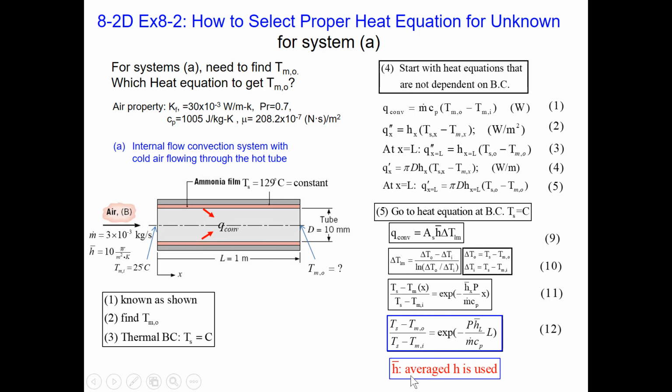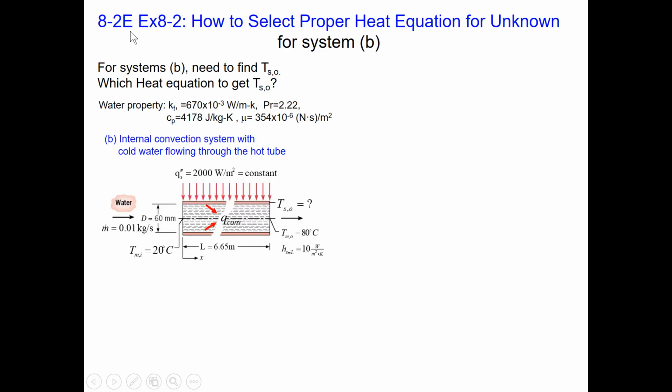From the equation, we know the average heat transfer coefficient is used. E. Example 8-2 for System B. System B is an internal flow convection system with cold water flowing through the hot tube.